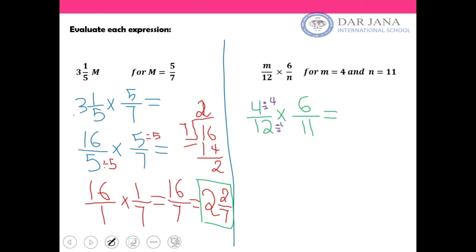I give you this example to tell you that you can simplify any numerator with any denominator. 4 divided by 4 is 1, over 12 divided by 4 is 3, times 6 over 11. Now, as you can realize, now I have 3 and 6, I can simplify them.